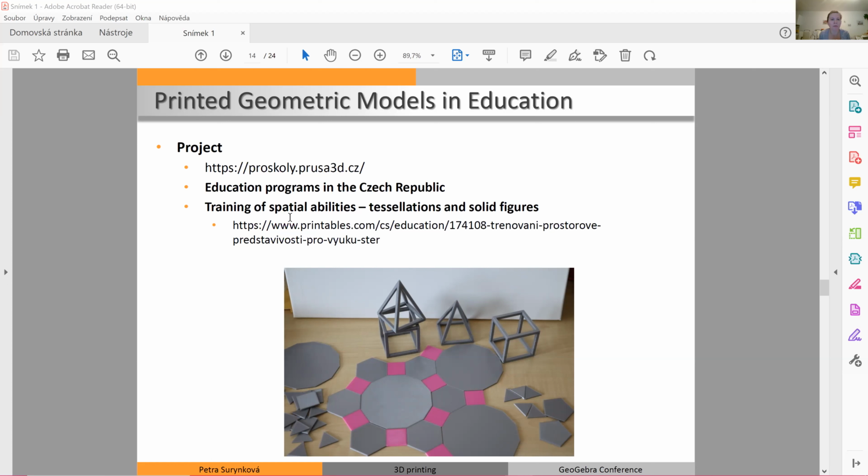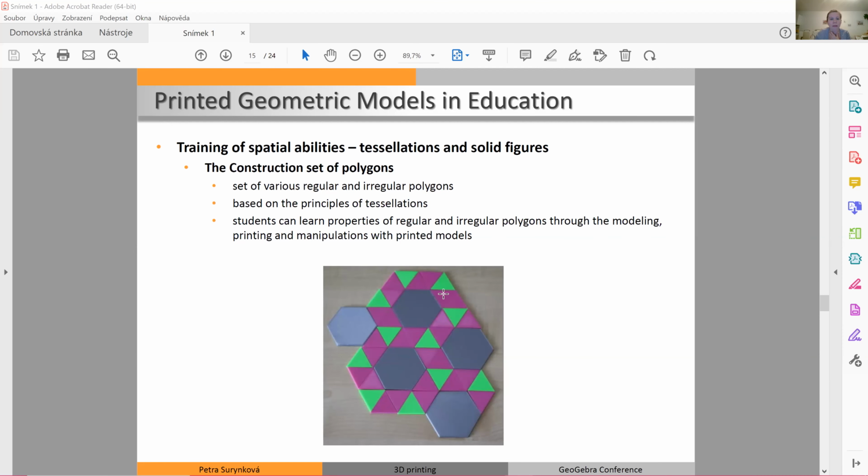So together with my students, we designed a project for tessellations, which you can see in the picture, and for wireframe models of pyramids and cubes. They really liked it, the company, and we really got the 3D printer for our school.